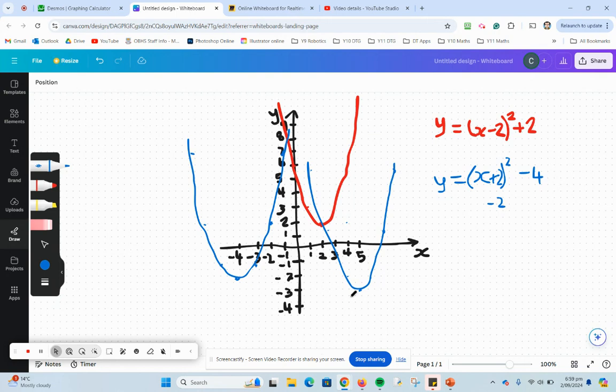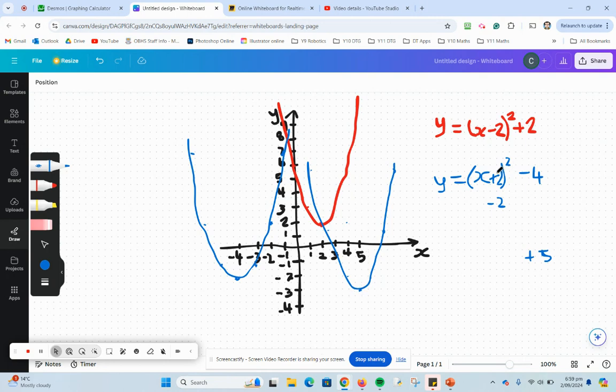Now, if I want to write it, I need to say, okay, it's gone across the x-axis at plus 5. So at the end, it's going to have plus 5. That is where my parabola has gone along the x-axis. Now it's gone up and down. It's moved down, so it's at minus 3.